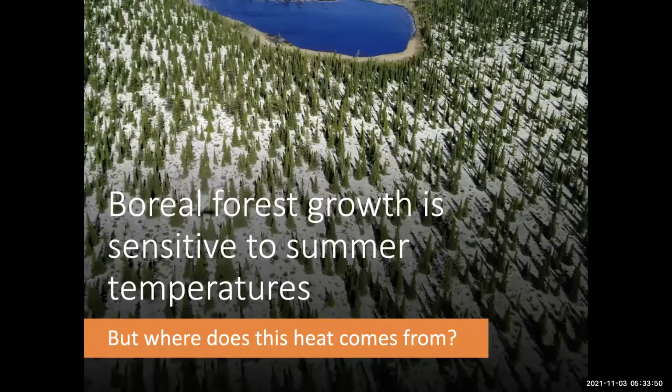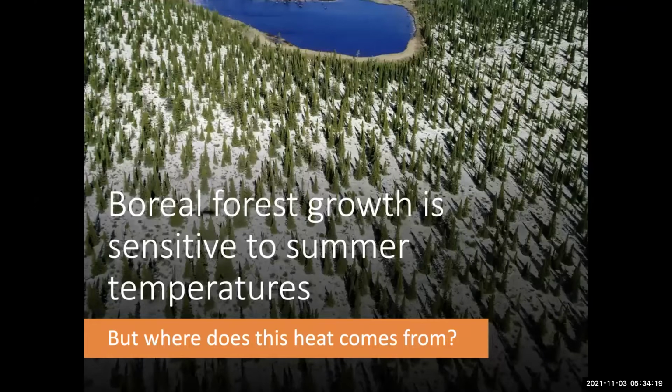Summer temperature is necessary for photosynthesis activation, and the assimilation rate also depends on the heat that is being transferred to the photosynthesis apparatus. So we can say that these forests actually grow more when summer temperatures are high.